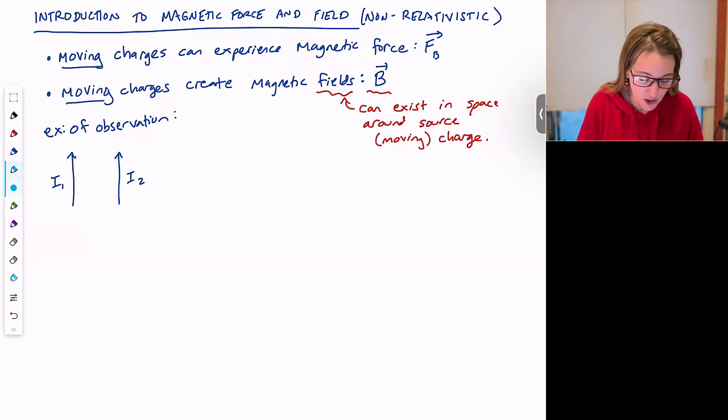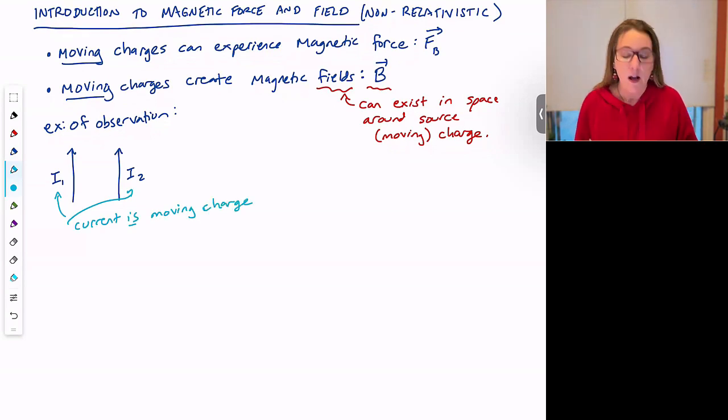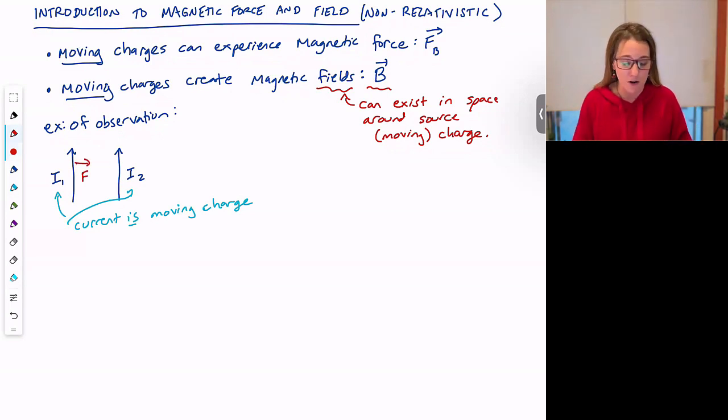These are moving charges, right? Current is moving charge. And so what we end up seeing in this case is that these actually experience a force on the wire that is going to be making it actually be attracted to the other.